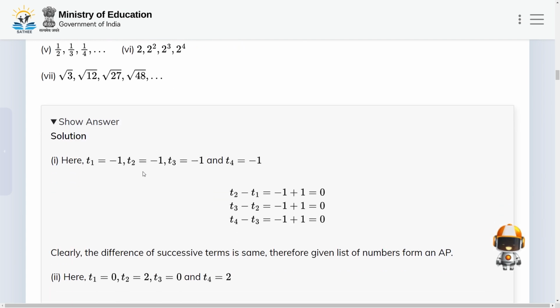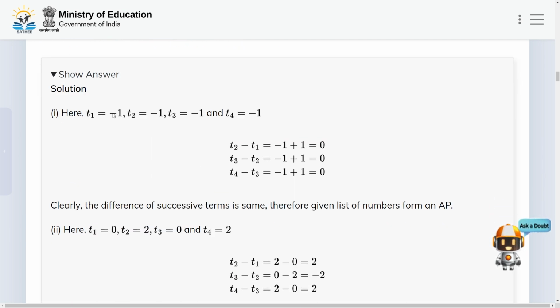Here the first term T1 is equal to minus 1. Second term T2 is also minus 1. Third term T3 is also minus 1, and the fourth term is also minus 1. Now if we take the difference of the second term and the first term, that is T2 minus T1, that gives minus 1 plus 1, which is equal to 0.